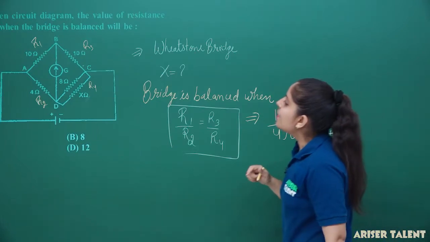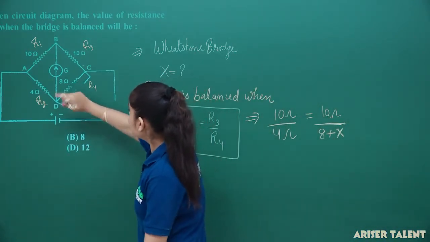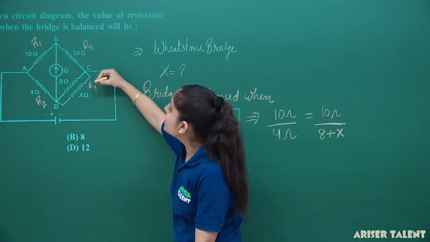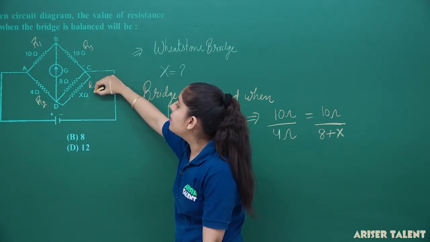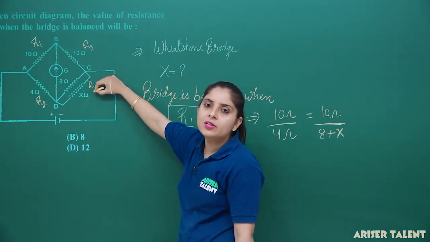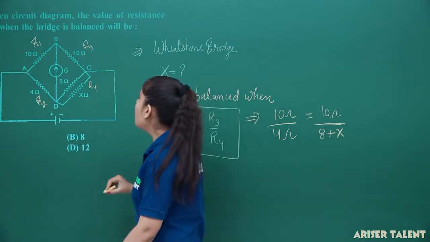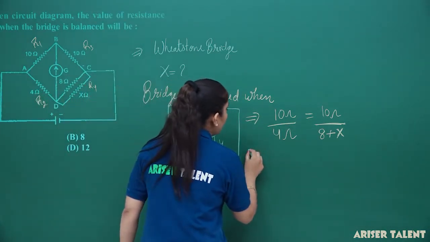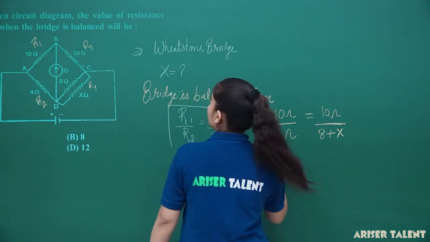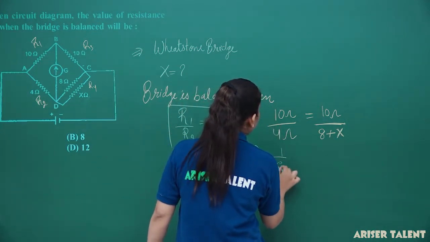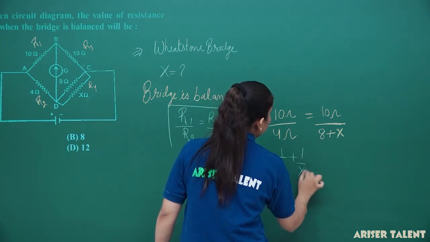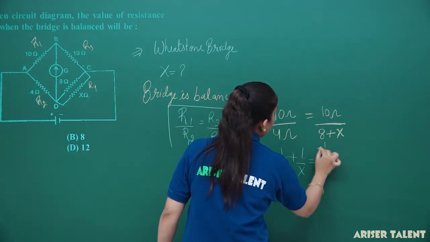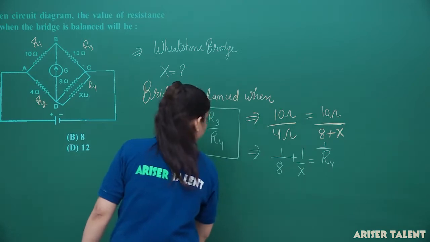So this is our resistance of 8 ohm. Now, how much resistance will be connected in parallel? The entire system should give a resistance of 4 ohm. So I am connecting the resistance of 8 ohm here. 1 upon 8 plus 1 upon X will give the value of 1 upon R4.